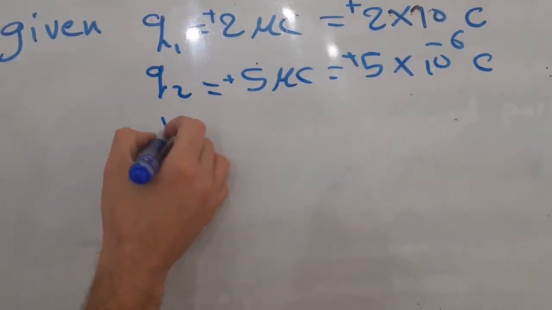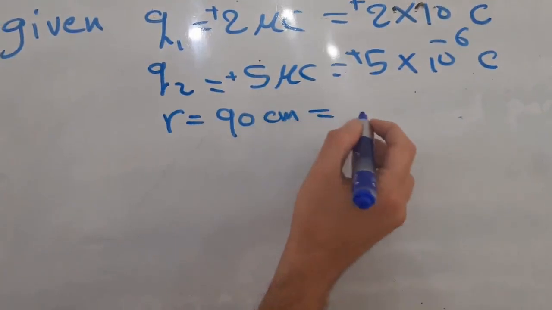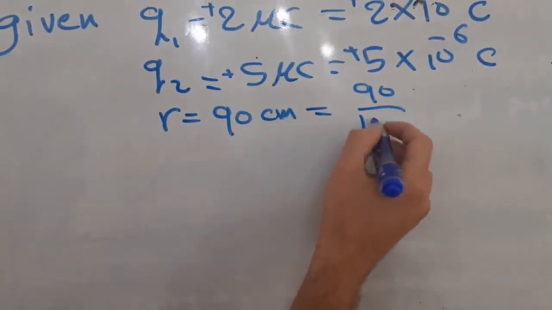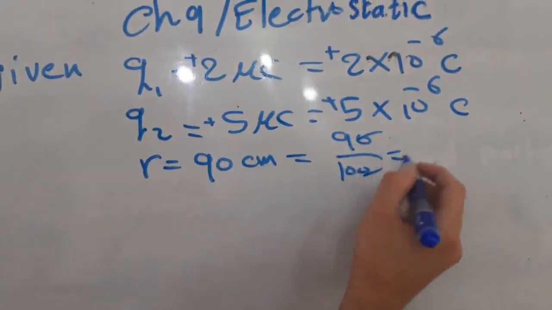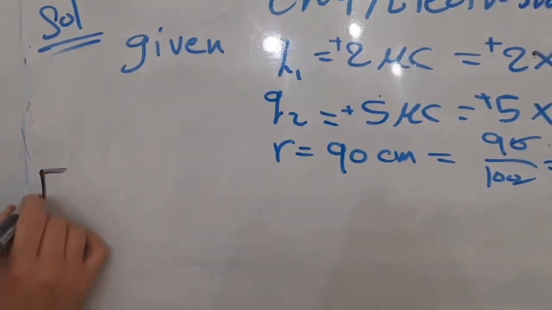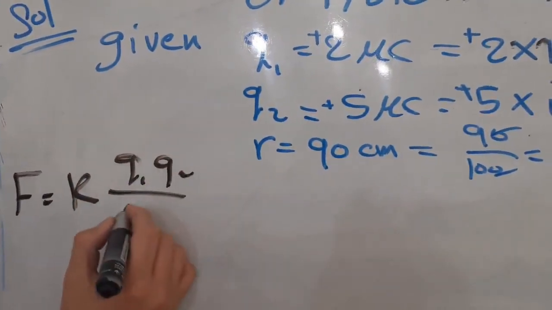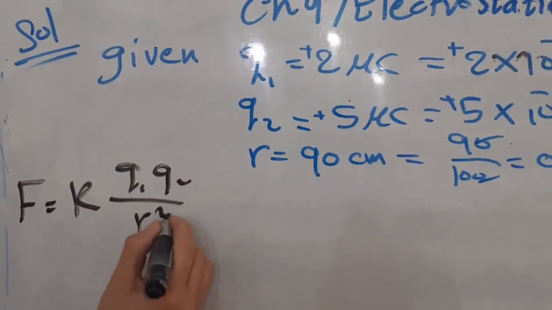The distance equals 90 centimeter, change to meter, divide by 100, equals 0.9 meter. From the law, F equals K Q1 Q2 over R square.